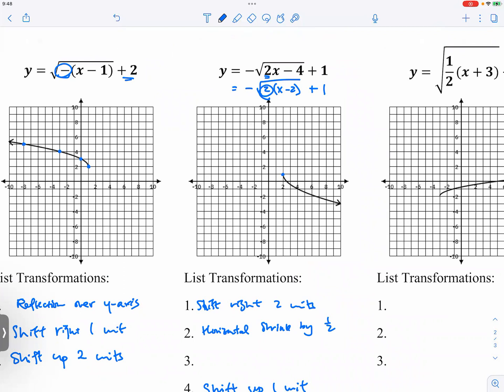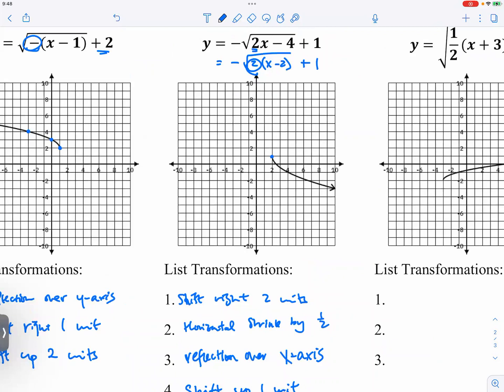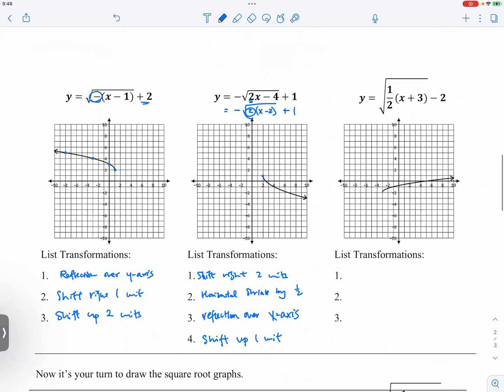And then the negative in the front means a reflection over the x-axis. And that's how you get all your transformations. And that's how you can justify the drawing of the graph.